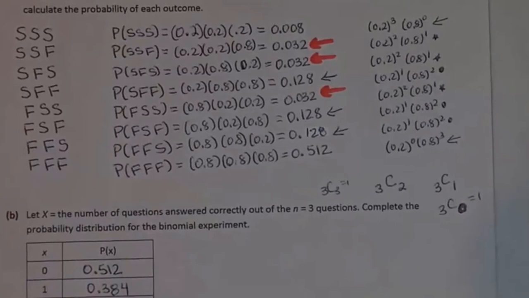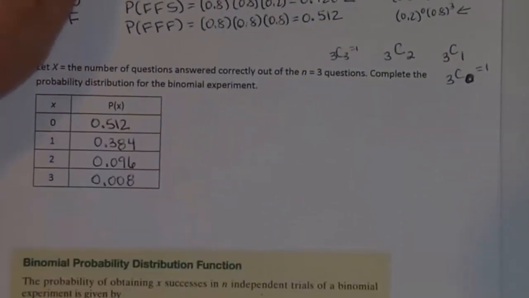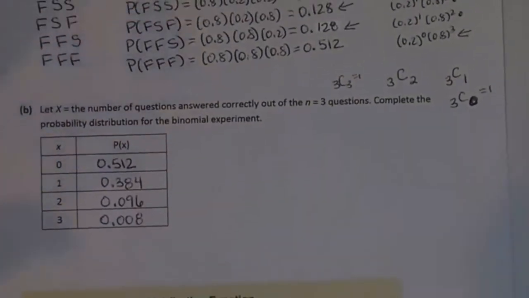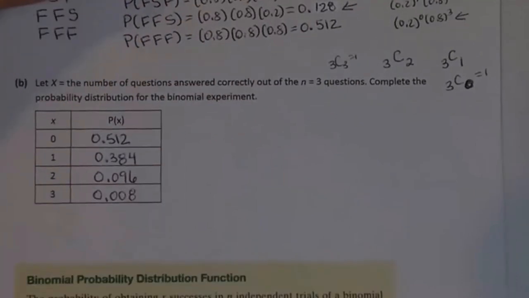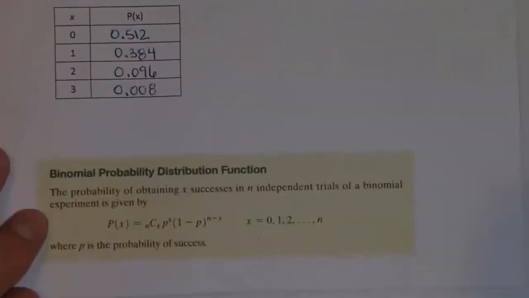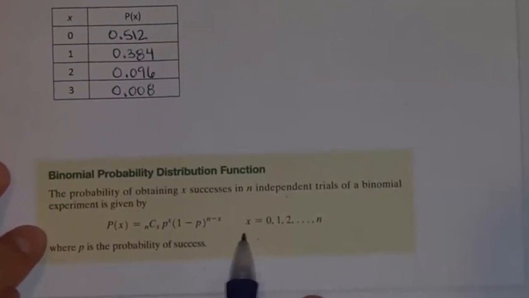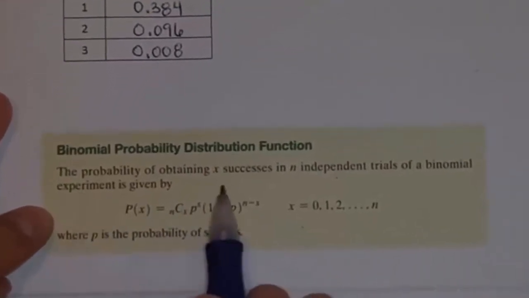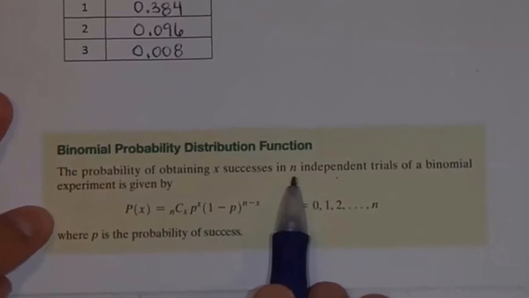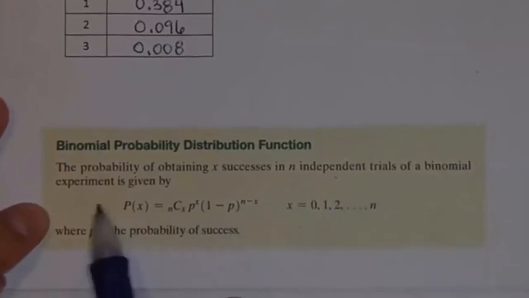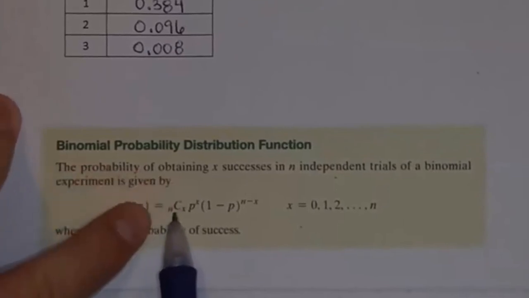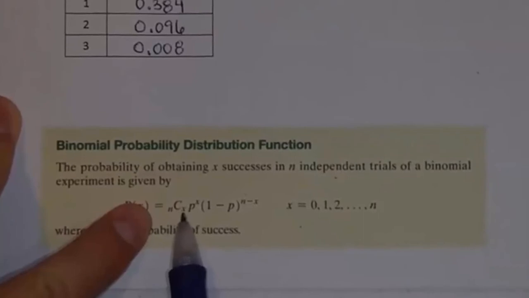So this leads us to a shortcut. It leads us to a formula for being able to compute these probabilities. So that's what I was setting up. I'm explaining why this formula works. The probability of obtaining X successes in N independent trials of a binomial experiment is given by P of X equals a combination. We're going to take N combination and we're choosing X. N's the number of trials, X is the number of successes.